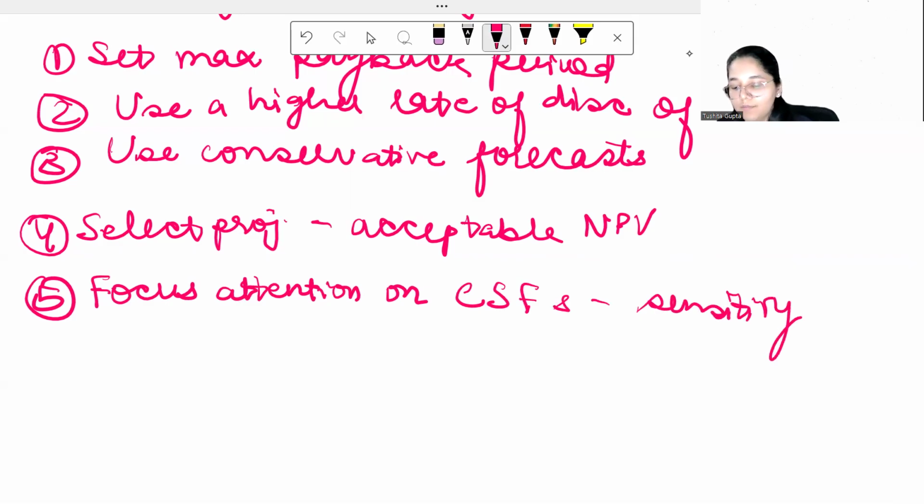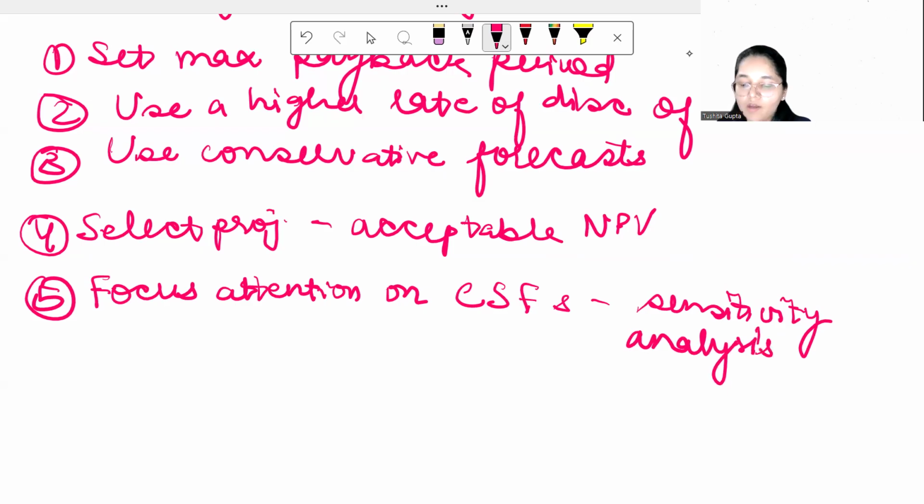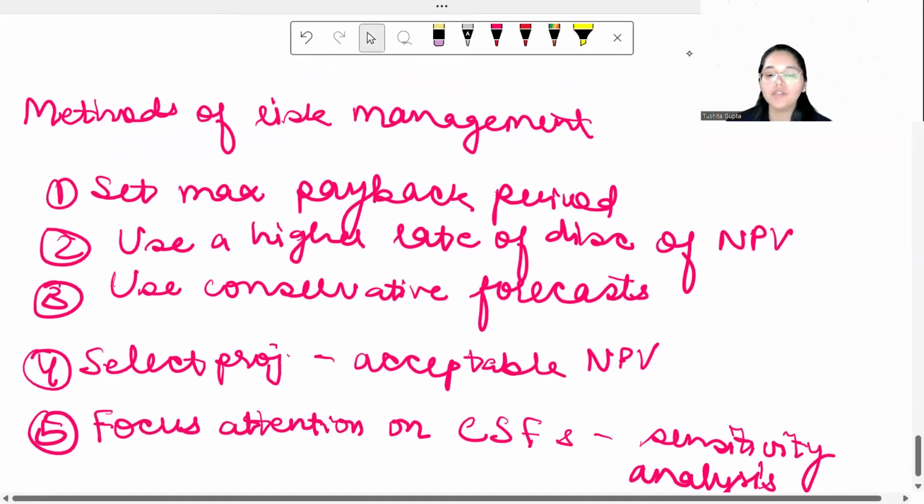So this is how managers can incorporate risk in their investment appraisal. These are the methods of managing risk.